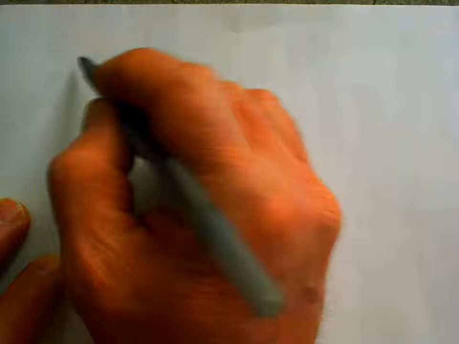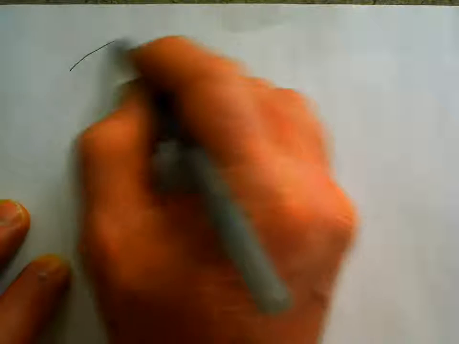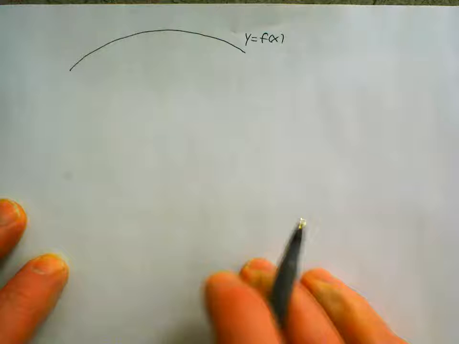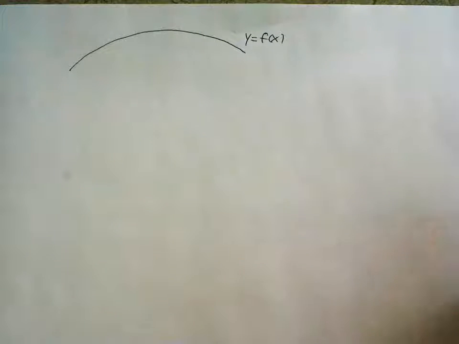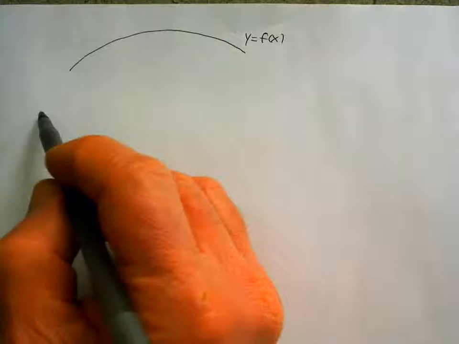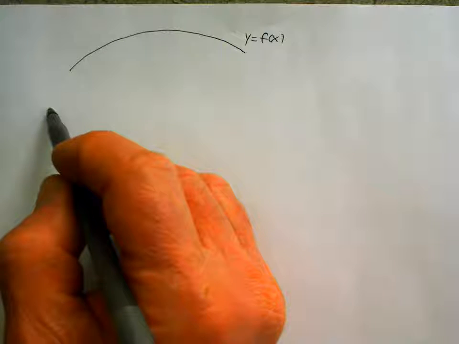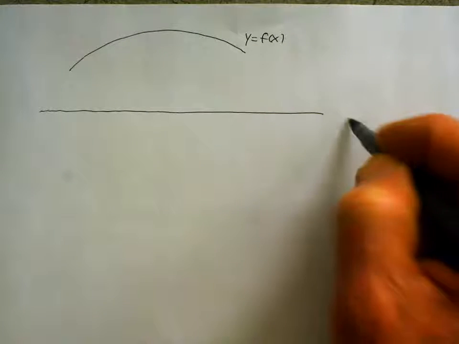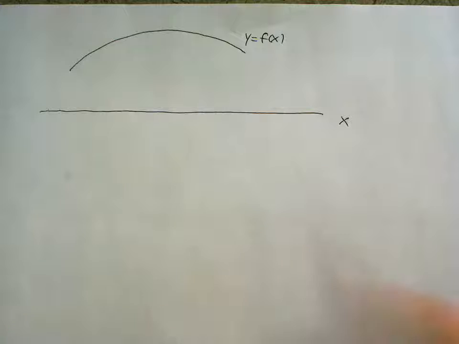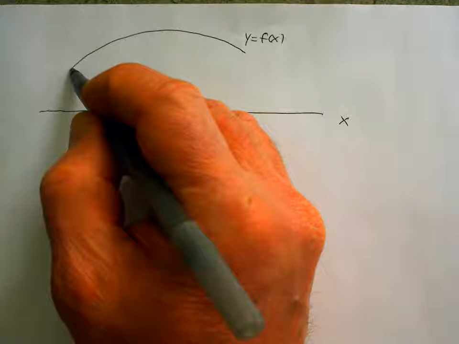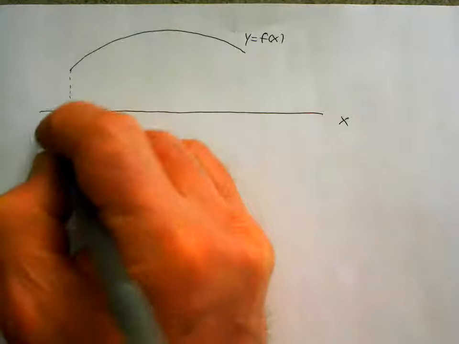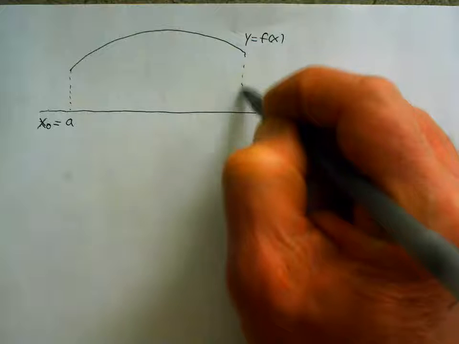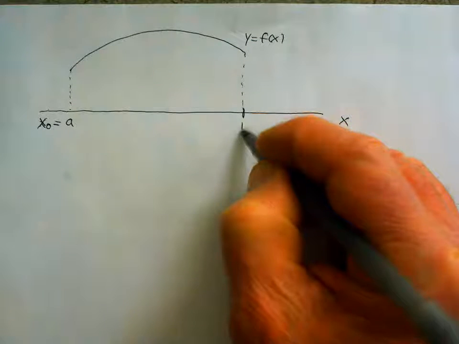All right, suppose we have the graph of some function y equals f of x. So we're assuming f of x is greater than 0, or positive, for all x values. So here's our x-axis. And the region will be between x equals a and x equals b.